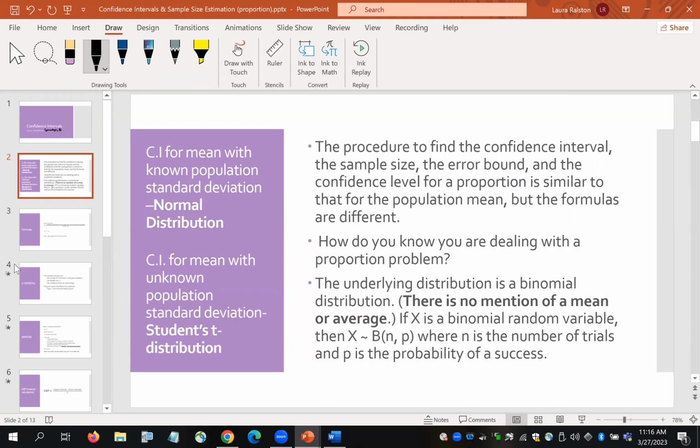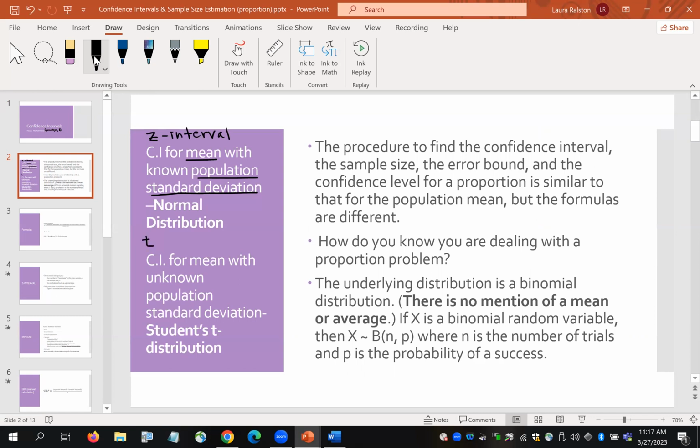Now, I mentioned to you earlier that the Z interval is a confidence interval for the mean where we know the population standard deviation, and that is related to the normal distribution.